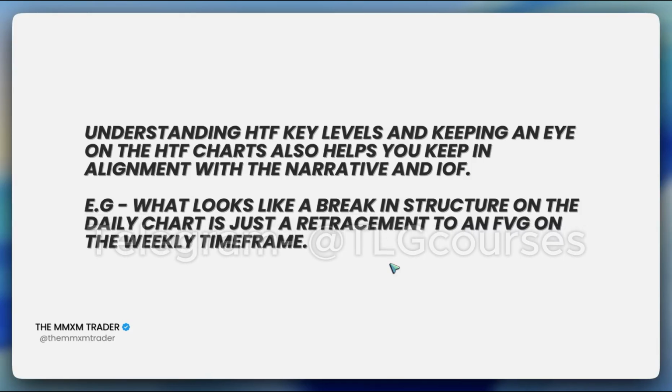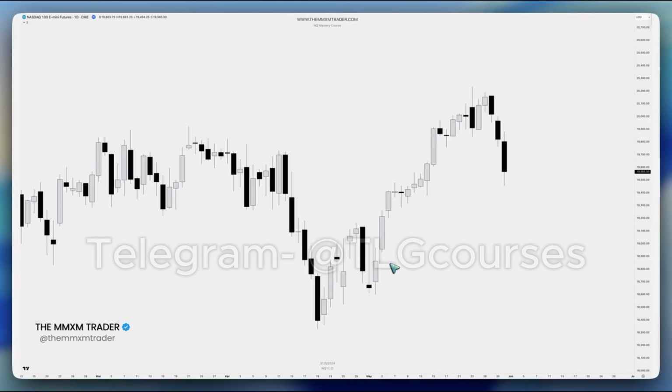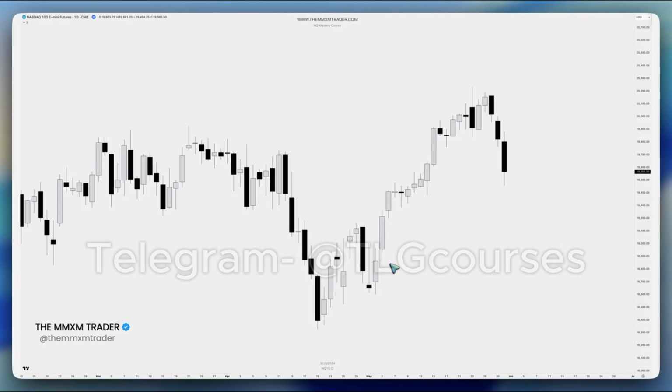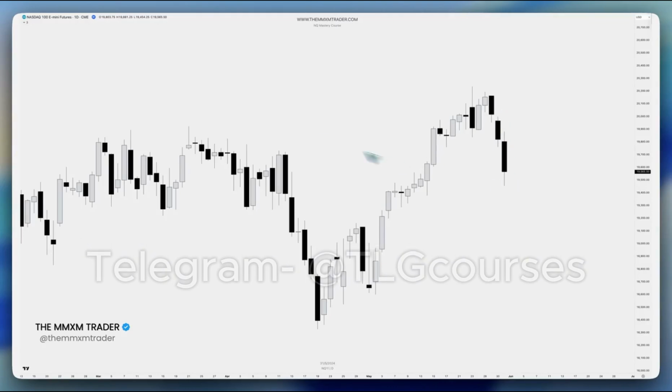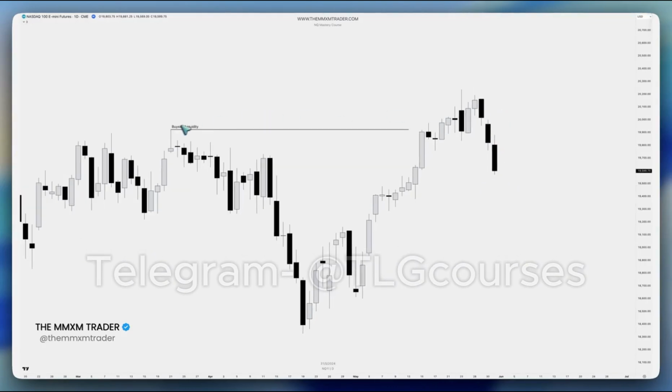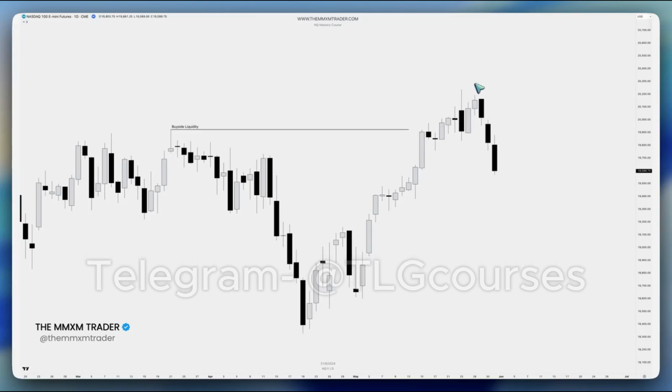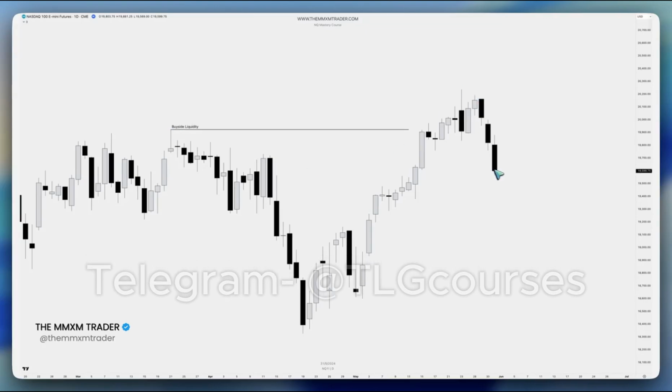If you do that, you will get wrecked because you won't be able to keep in alignment with what's really going on. Here's an example of that. If we look at this here on the NASDAQ, we've obviously taken out buy side liquidity here. We've traded up higher, and then it's expanding extremely aggressively.